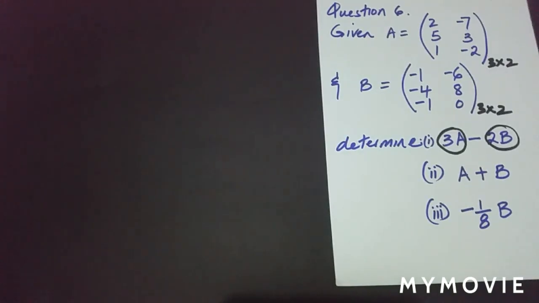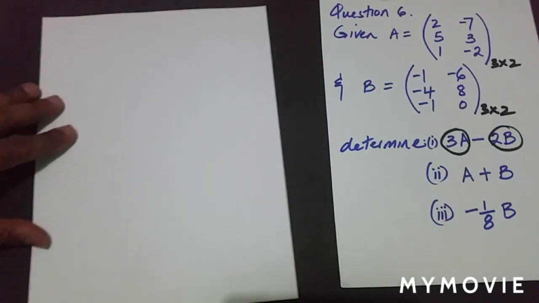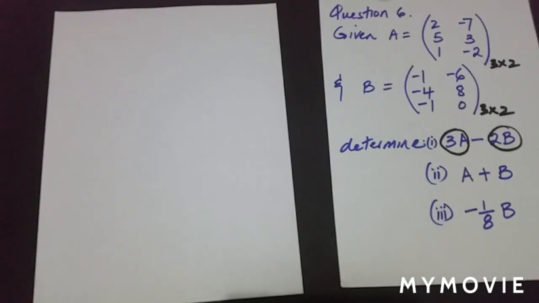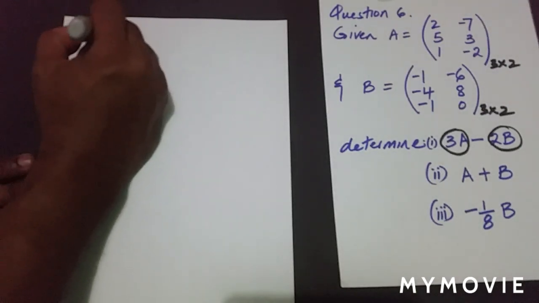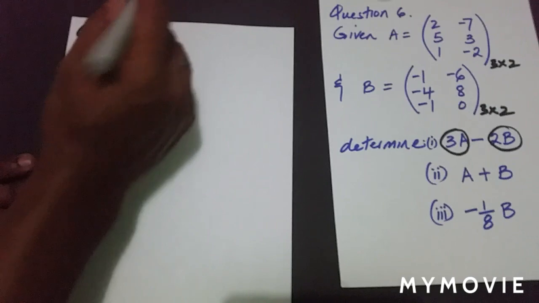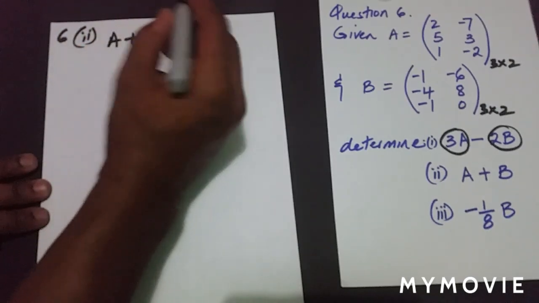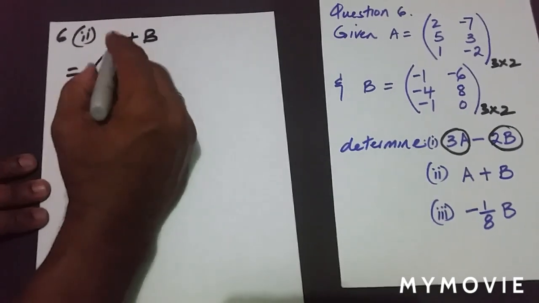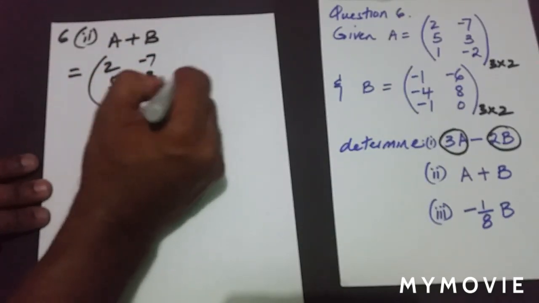All right, so we're doing a solution now to question 6, part 2. So let's see if we can do this quickly. All right. So we're still at question 6, part 2, where we're asked to simplify A plus B. Now, matrix A is 2, negative 7, 5, 3, 1, negative 2.